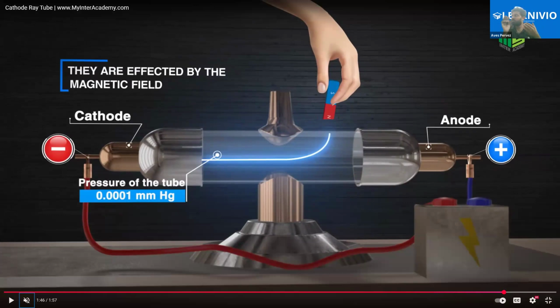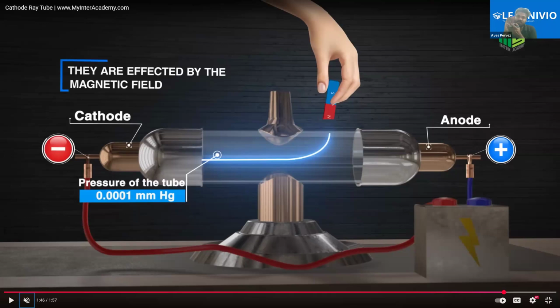Or if high voltage electric current is passed through a wire, it can behave like a magnet. It is a property of charged particles: when they move in a particular direction, they always form a magnetic field. It behaves like a magnet.